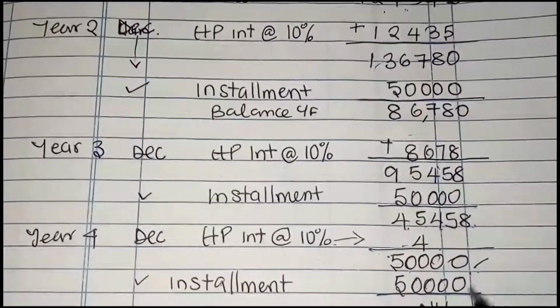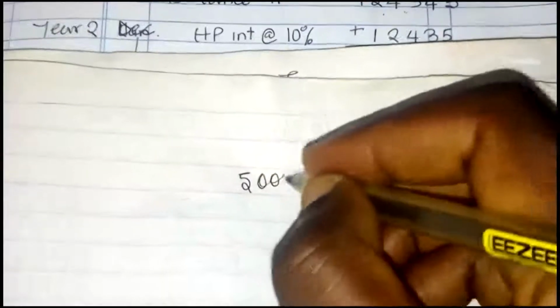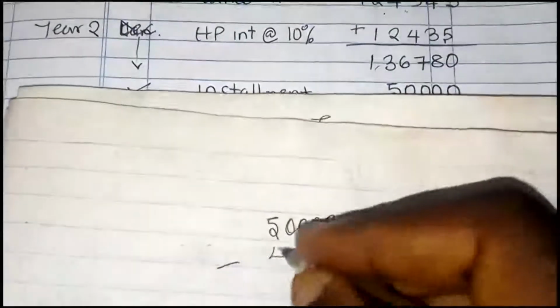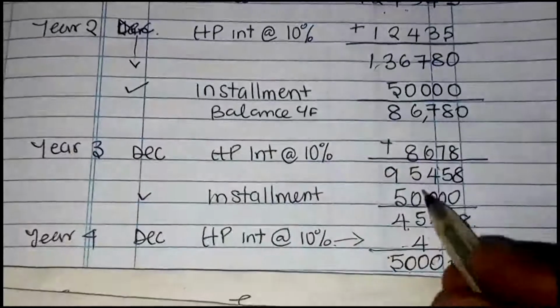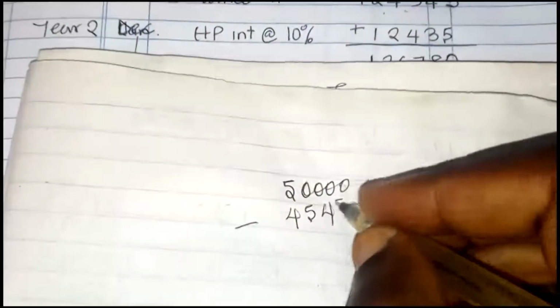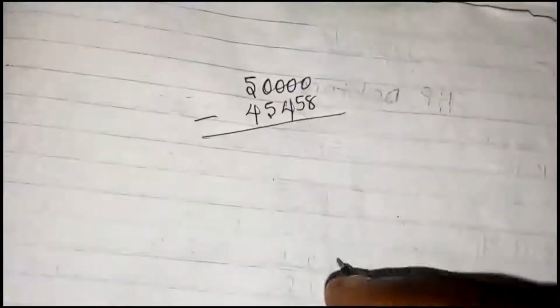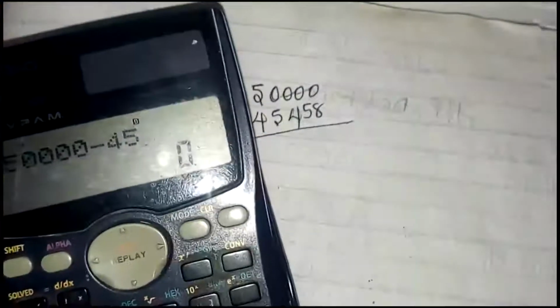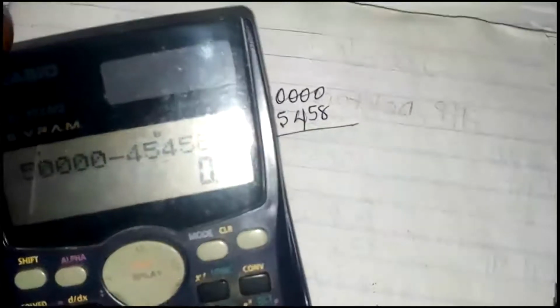So what you will do, you will say, look at 50,000 minus 45,458. So let's do that. That is 50,000 minus 45,458.